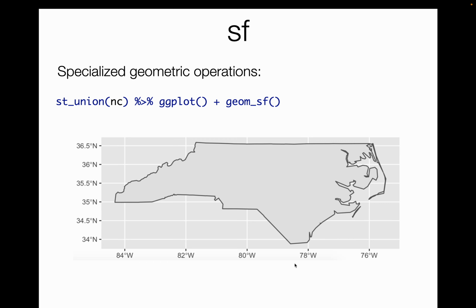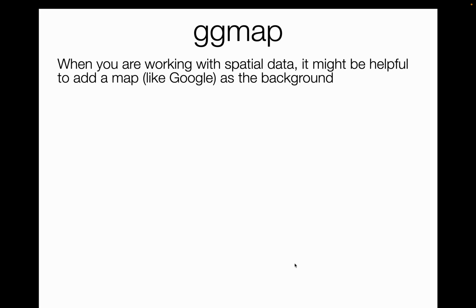And there are a few specialized objects. If I want to union all of them, that's the sort of OR in logic. So if I want the union of all of the counties, it takes away all of the inner counties and just leaves the outer bit. And there are other functions like that.